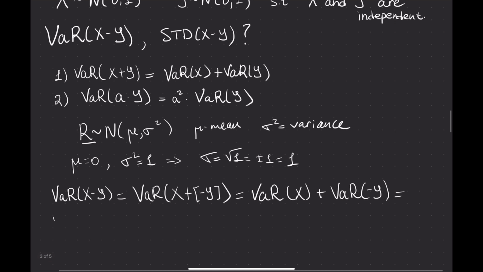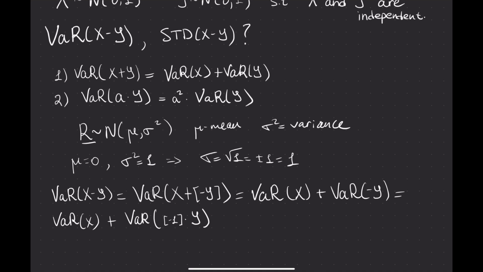Now, we can say that it's the same as the variance of x plus, now we can look at the second property. Here we have negative y, but negative y is the same as negative 1 times y. So we can factor out the scalar, the constant.